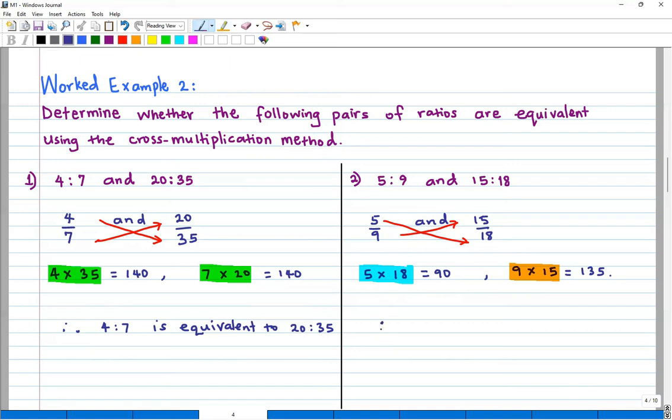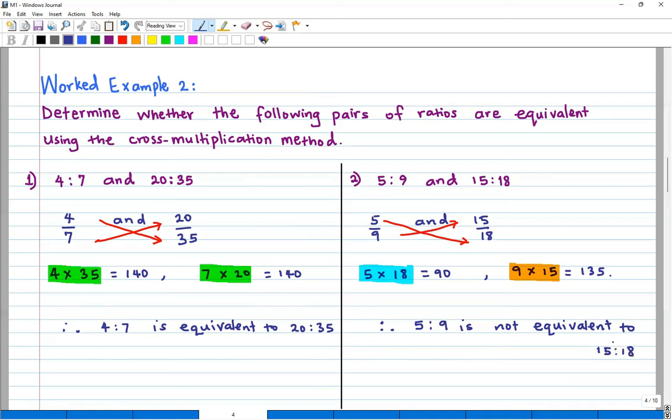So we say, therefore, 5 to 9 is not equivalent to 15 to 18.